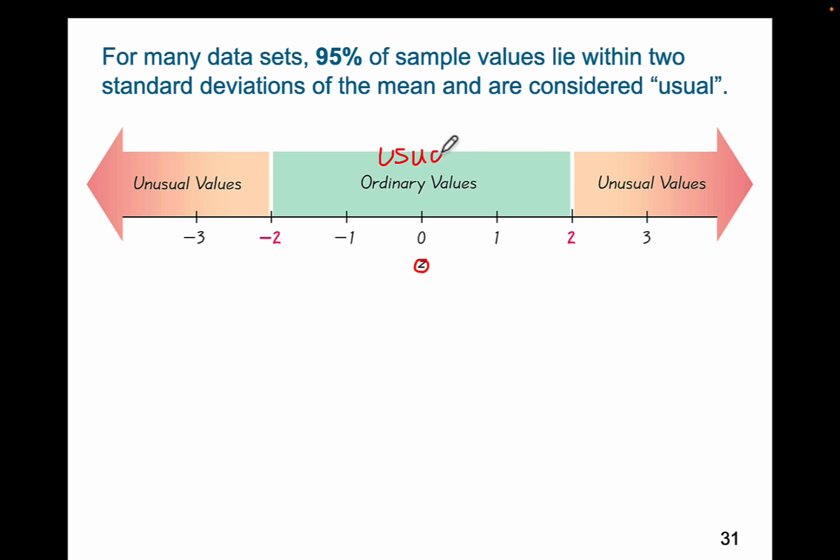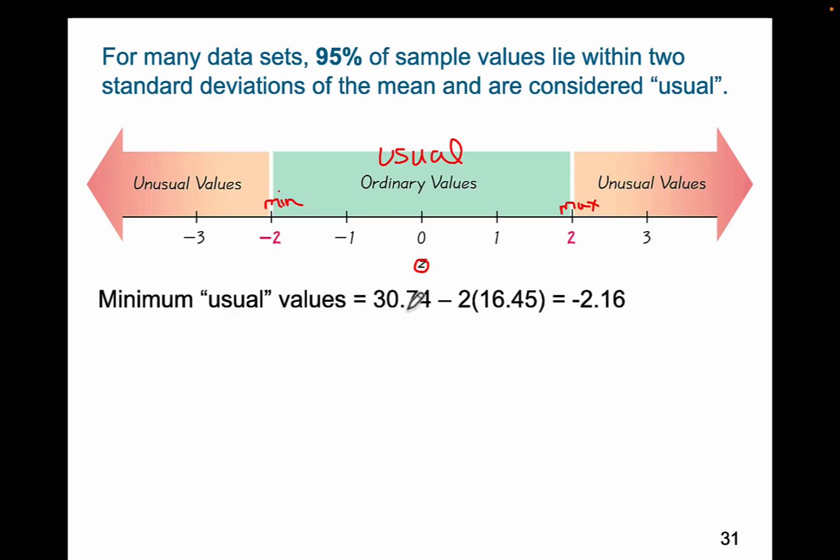But there's a cutoff, right? There's a maximum usual value, which if we take the mean and add 2 standard deviations, we've hit the max usual value. And if we subtract 2 standard deviations, we reach the minimum usual value. So using our data speed times, our 30.74 was here.